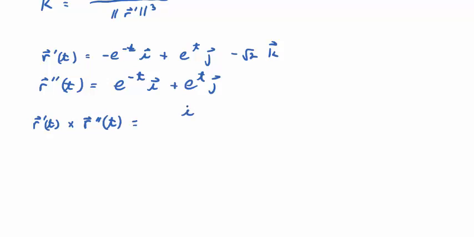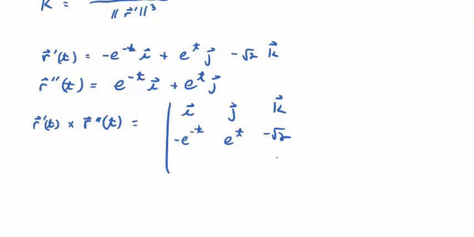Okay, so i, j, k across the top. Let's put in the middle of this matrix I'm creating the components of r prime of t. So negative e to the negative t, e to the t, and negative root 2.